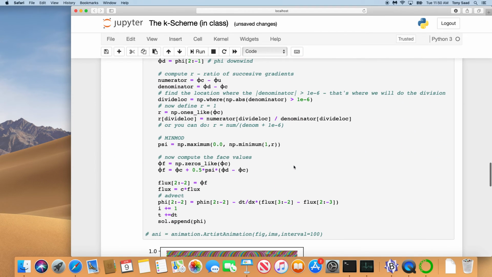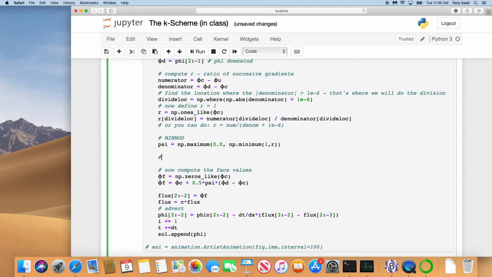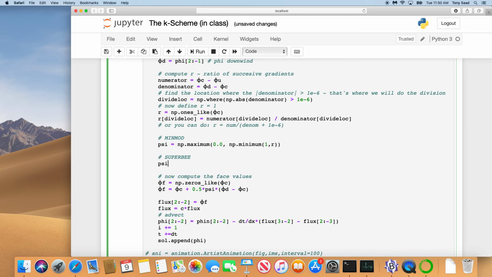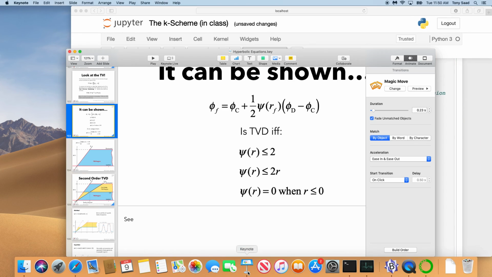Once you have this set up, the sky is the limit. All you have to do is define the limiter. So let's do super B. Okay, super B is a little interesting.